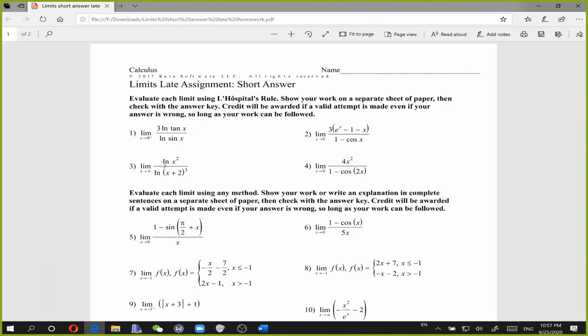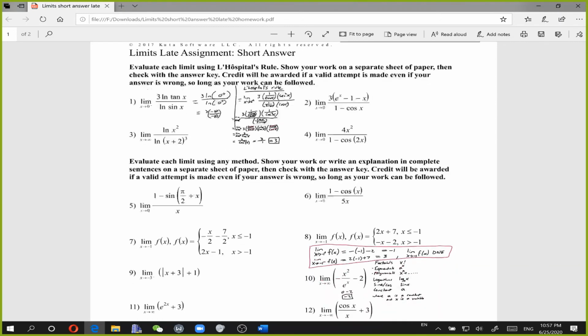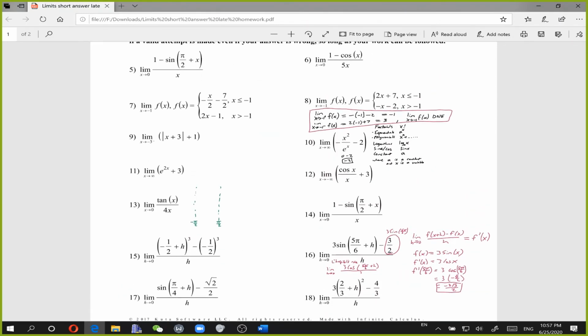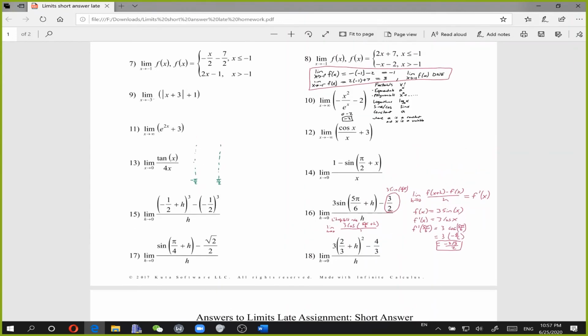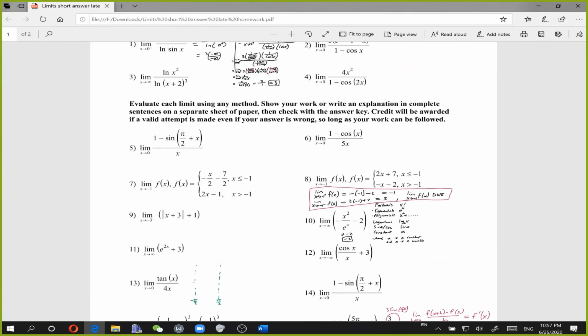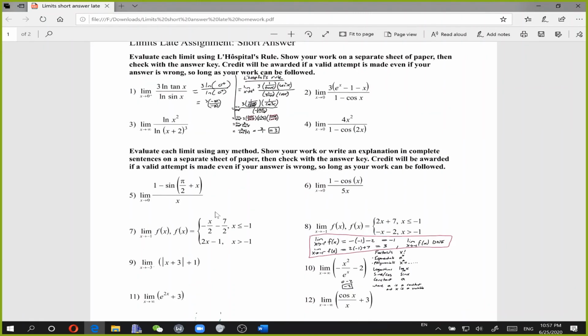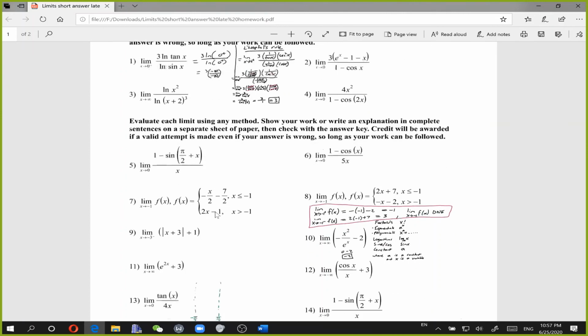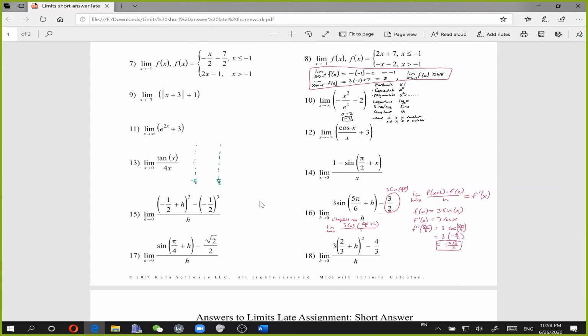One of the problems I found hard was the one with the cubed root. I don't see it. Which number?